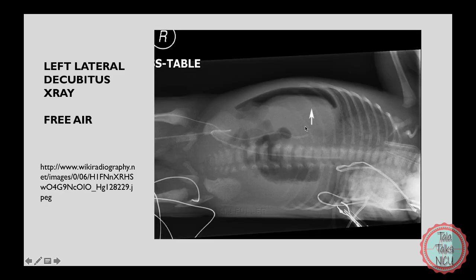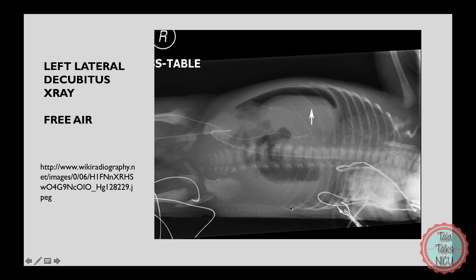Free air can be difficult to see on a regular X-ray because, as you all know, air rises, and so it can basically be layering out on top of the bowels and it can be hidden. So if we have any concerns there may be free air, then it's helpful to get a KUB in a different position, or specifically the left lateral decubitus.